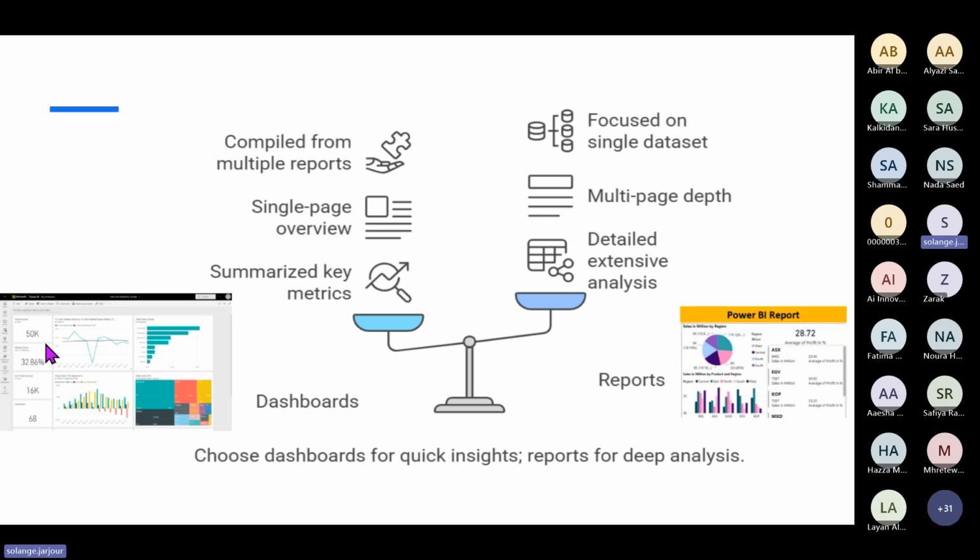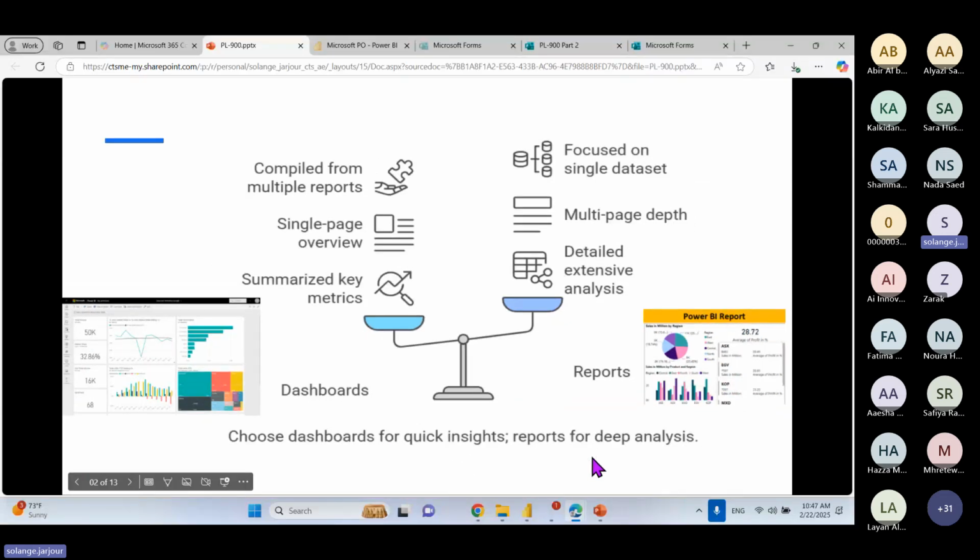If I'm speaking about attendance, I have the full number of attendance, and if I click here, it takes me to the report with all the in-depth details related to this piece of information. To summarize, we use dashboards for quick insights and we use reports for deep analysis. This is the difference between dashboards and reports.